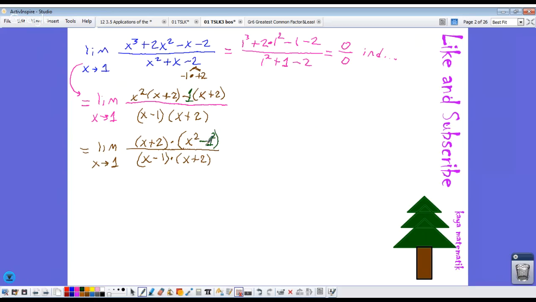So we will continue to factorize one more time, using a squared minus b squared. Let me remind you of that: it's a minus b times a plus b. Let's do that. I think after this step, we will finish this example.